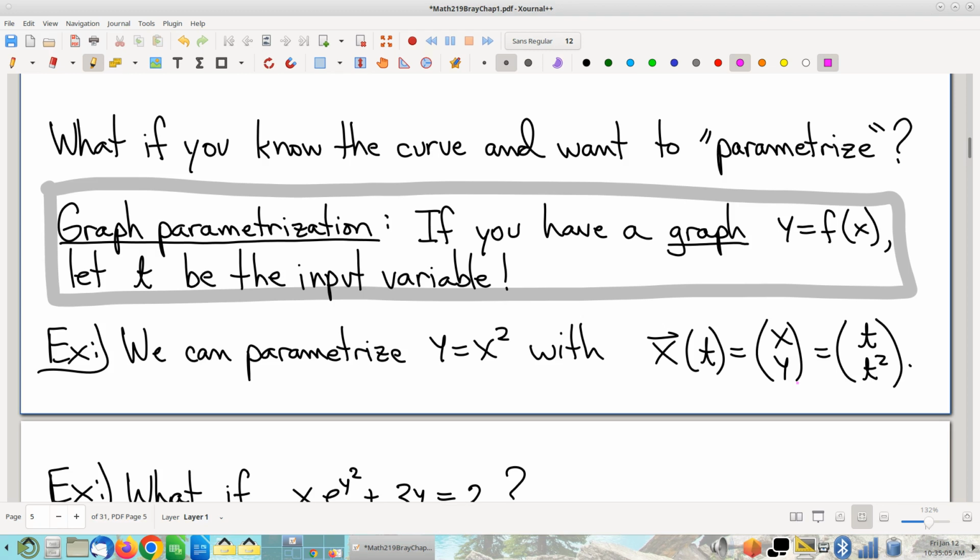So let's take it the other direction. What if I know geometrically what it looks like, but I want to find the parameterization? I want to find the formula that gives position as a function of time.